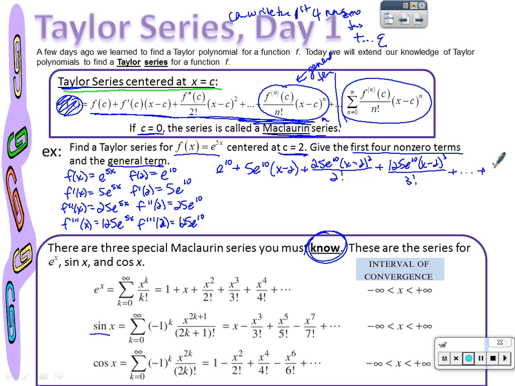5 to the n. Now notice that the series that we're going to be memorizing start at 0. That's kind of typical. A lot of them do start at 0. When you're writing your general term, you need to think about where you would want to start it. Notice the general term itself does not say where the n starts.